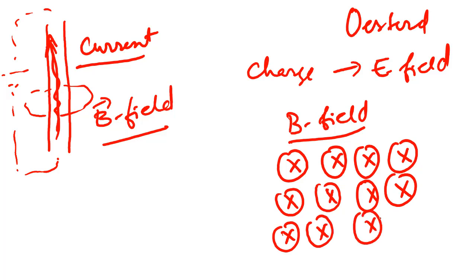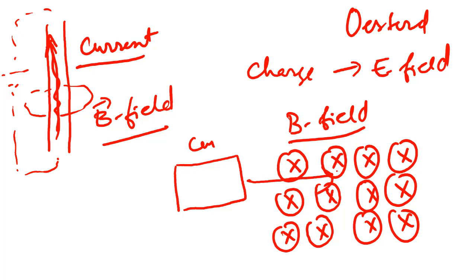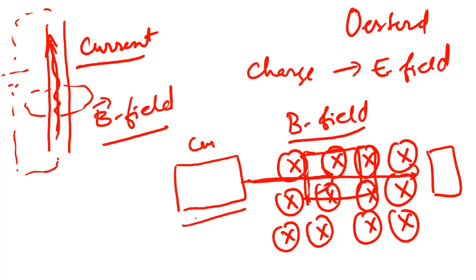If I were to bring a loop, just a copper wire loop, and introduce it into the magnetic field, the net amount of magnetic flux going through it changes as I drag this copper loop through the magnetic field. Here the magnetic field is 0; when it is inside here, the magnetic field is not 0, and again here it is 0.